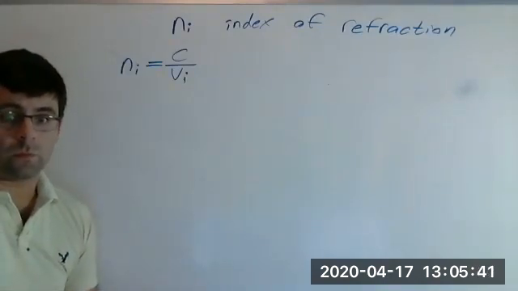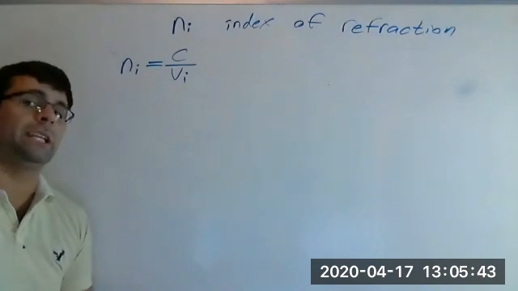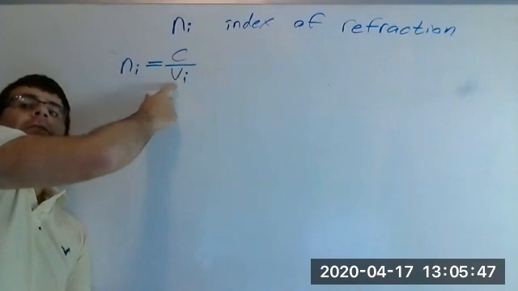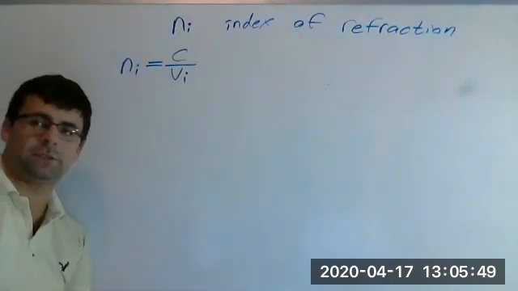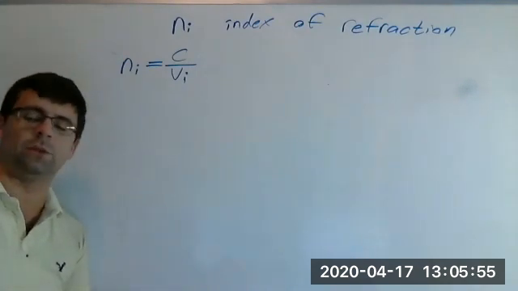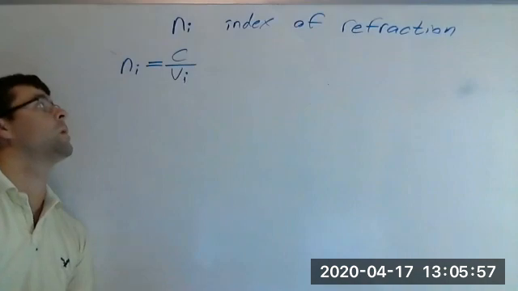So a large index of refraction, a big N, means that V is very small, because when you divide by a small thing, you get a bigger value than if you divide by a large thing.